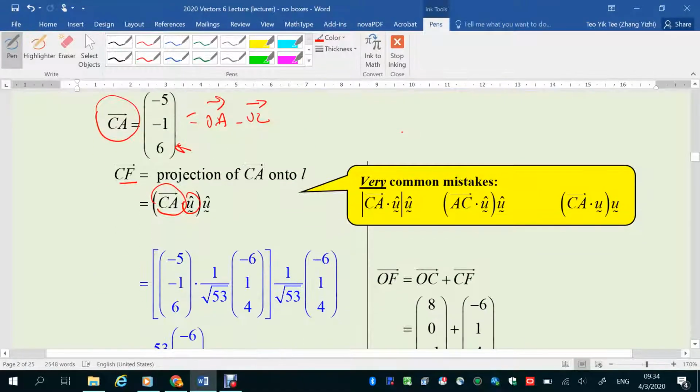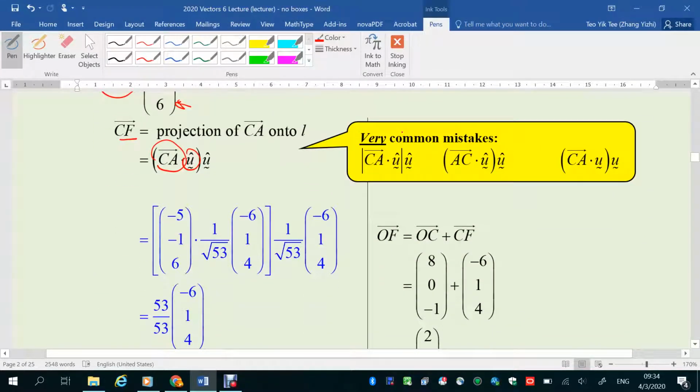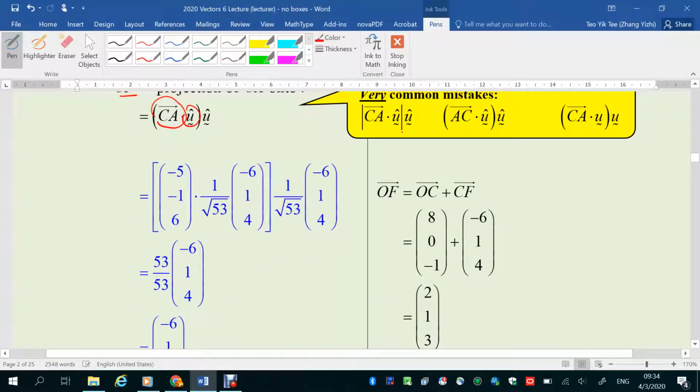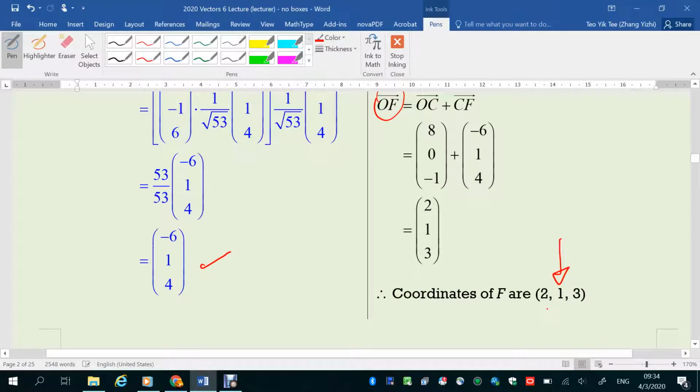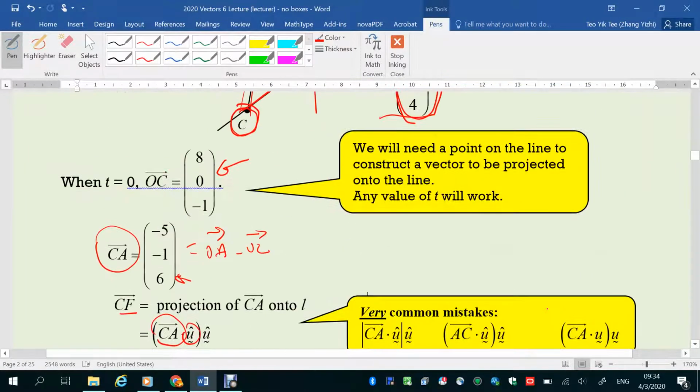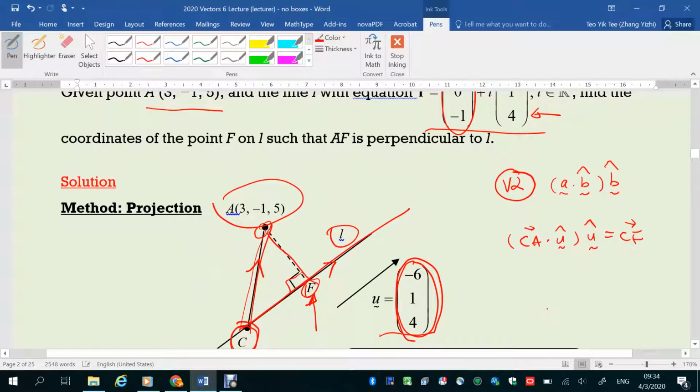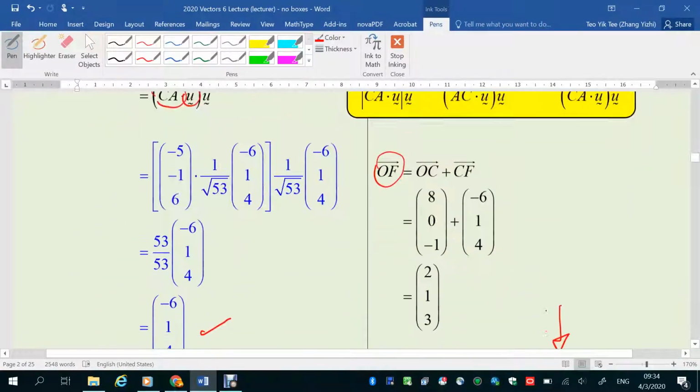Putting in everything numerically, I can find the CF vector as this item. If this is the CF vector, I can work backwards and find vector OF, and that will be the coordinates of my point F. This is your projection method to find the foot of perpendicular from a point down to a line.